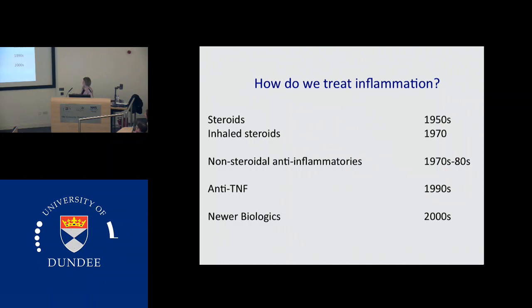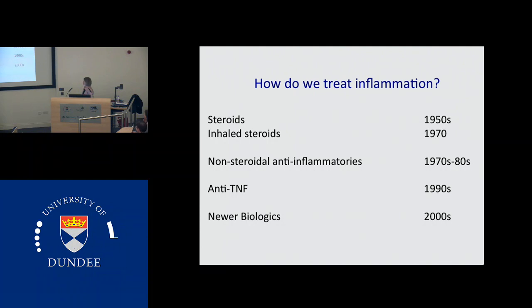So we've had steroids since the 1950s, we've had inhaled steroids since the 1970s, we've had non-steroidals emerging in the 1970s. None of these are effective in conditions characterized by neutrophilic inflammation.